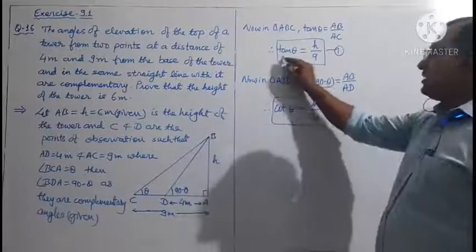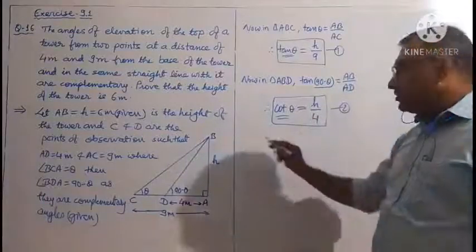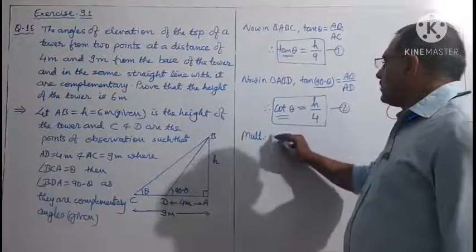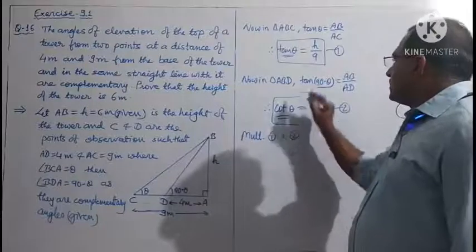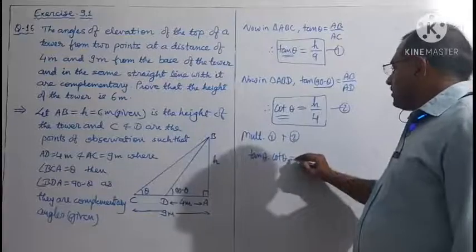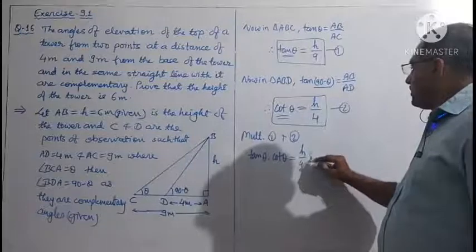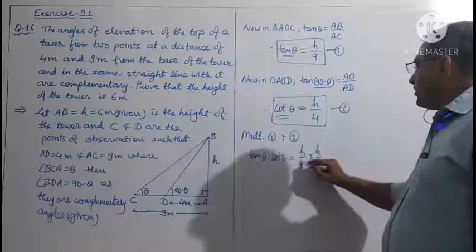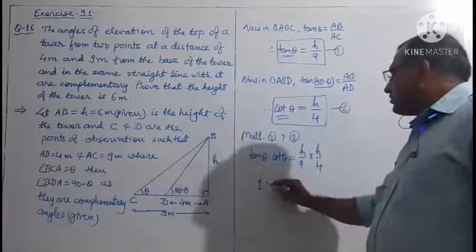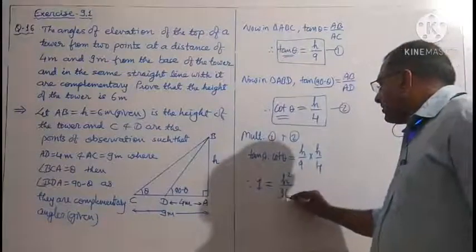Now when we multiply tan theta and cot theta, it is equal to 1, as they are complementary. Multiplying results 1 and 2, left hand side into left hand side is equal to right hand side into right hand side: h by 9 multiplied by h by 4. Therefore tan theta into cot theta is equal to 1, and at the same time h square divided by 36.